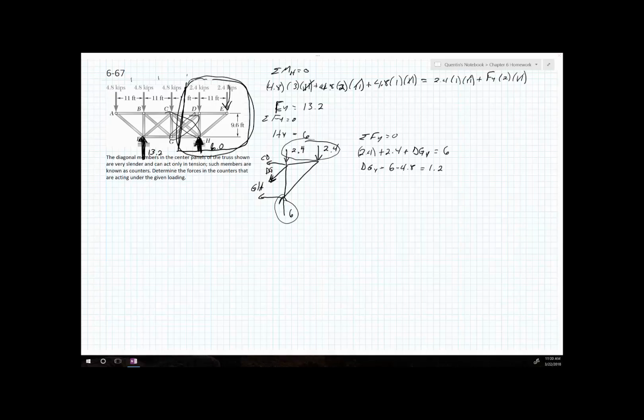Then I'm going to look at the actual triangle. What does the triangle look like here? This is 9.6, this is 11. So the square root of 9.6 squared plus 11 squared ends up being 14.6. So this is 14.6.